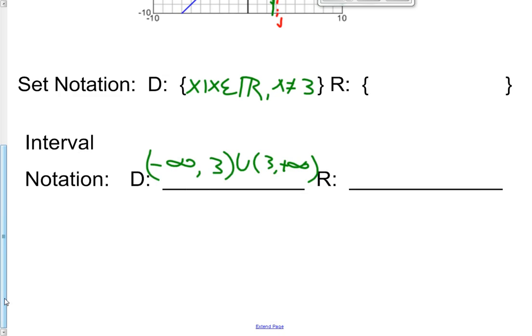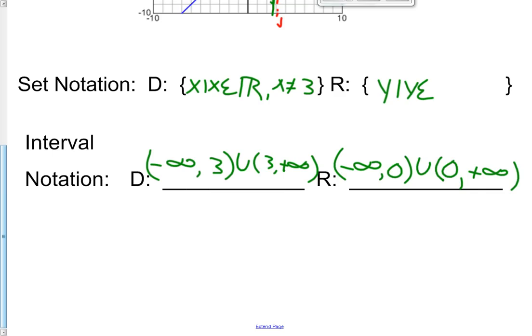So there's going to be our range. It's going to start at negative infinity, go till 0, parenthesis. Union starts up again at 0, doesn't touch it, so we use a parenthesis again, and it goes till positive infinity. Which means y such that y belongs to all of the real numbers except y cannot equal 0. And there we have problem number 1.